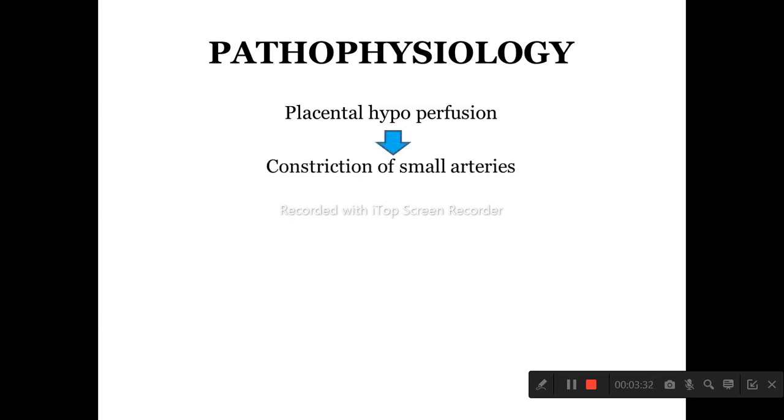Next is constriction of small arteries, due to the high pressures. Then reduced blood flow to multiple organs, especially the vital organs.